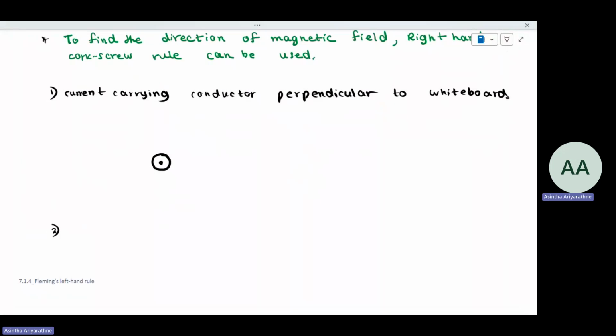The second case is when there is a loop, a circular shaped current carrying conductor.